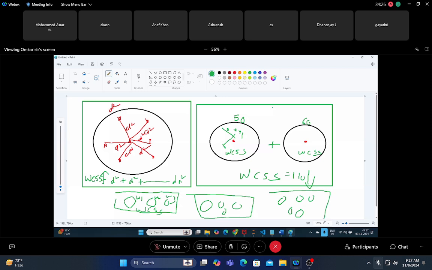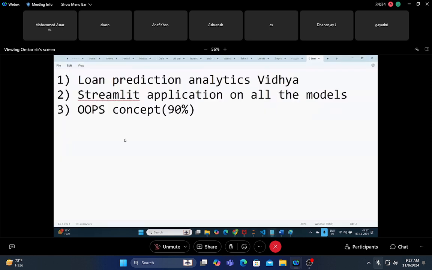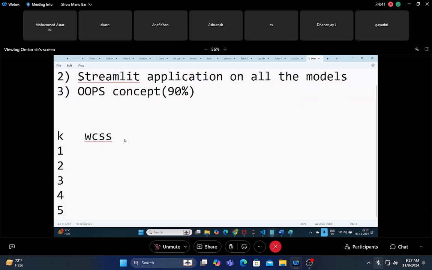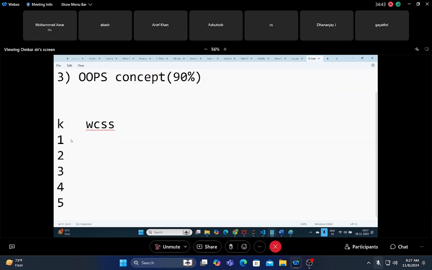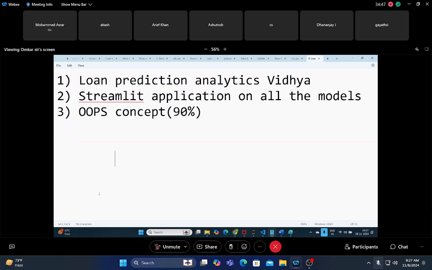Like that everything gives a WCSS. Suppose the table is coming like this. Look at the board: cluster K and WCSS for 1, 2, 3, 4, 5. How many clusters have you taken? 5 clusters. I'll take like this.